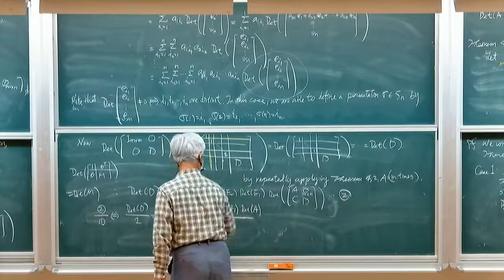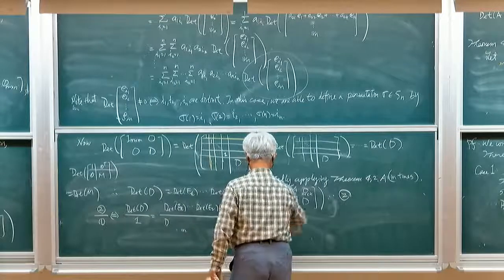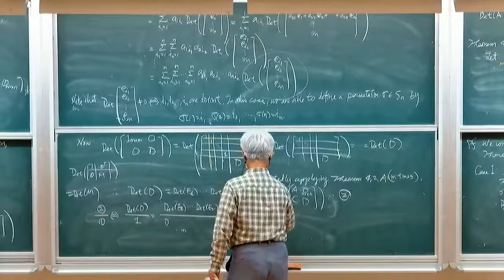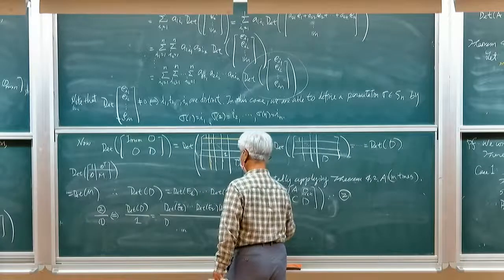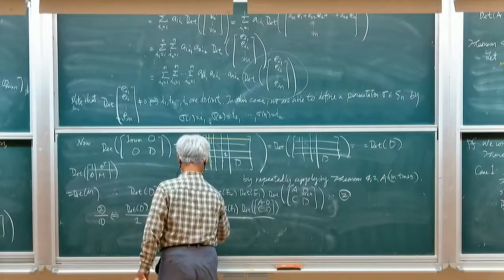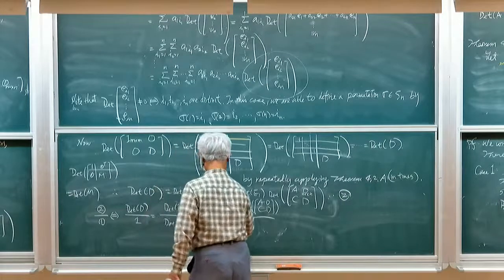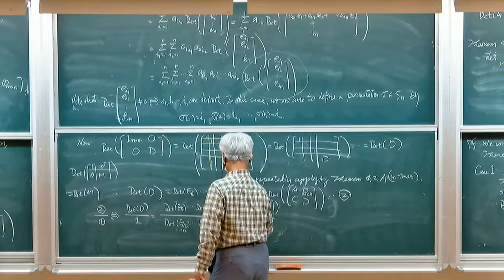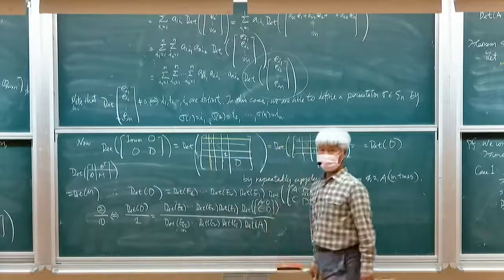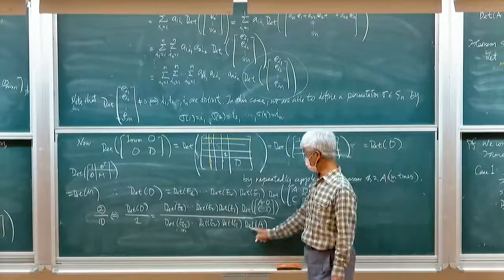So the determinant of the block matrix A, 0, C, D equals the determinant of E_k, the determinant of E_2, the determinant of E_1, and the determinant of A. We are not afraid of putting determinant A here.